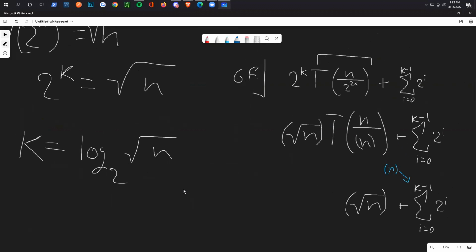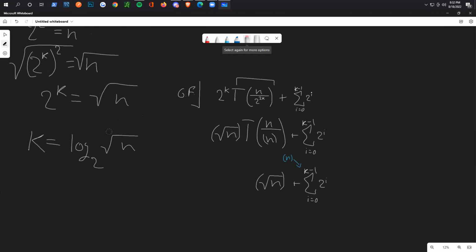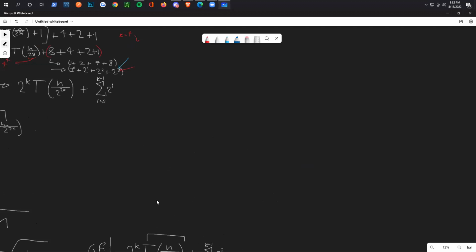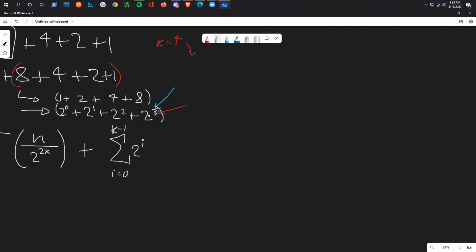So instead of trying to get this and plugging it in here, which you probably could, but I wouldn't, there's an easy formula for this where you're doing powers of 2, but you're going up until k minus 1.